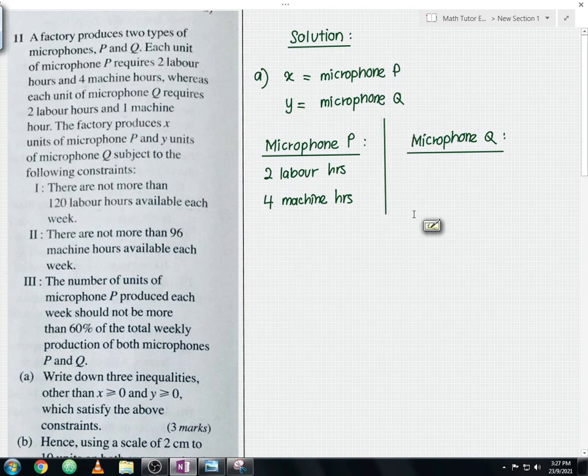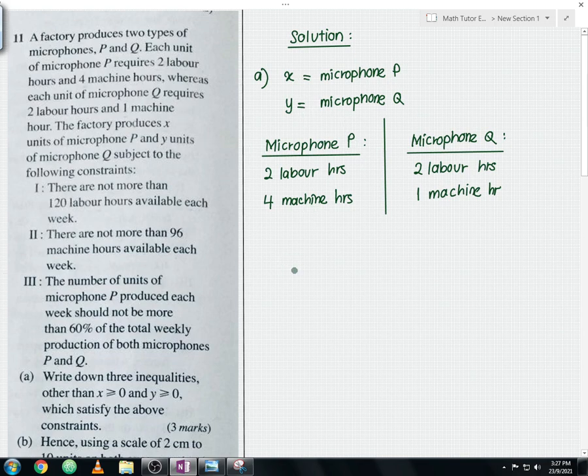So for microphone Q, it requires 2 labor hours and 1 machine hour. So this is the simplified version based on this long statement, guys. At least it is easier for us to read.